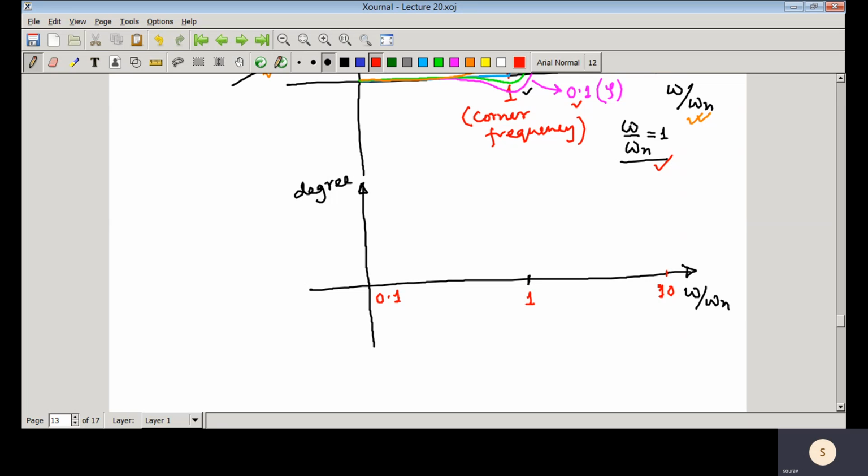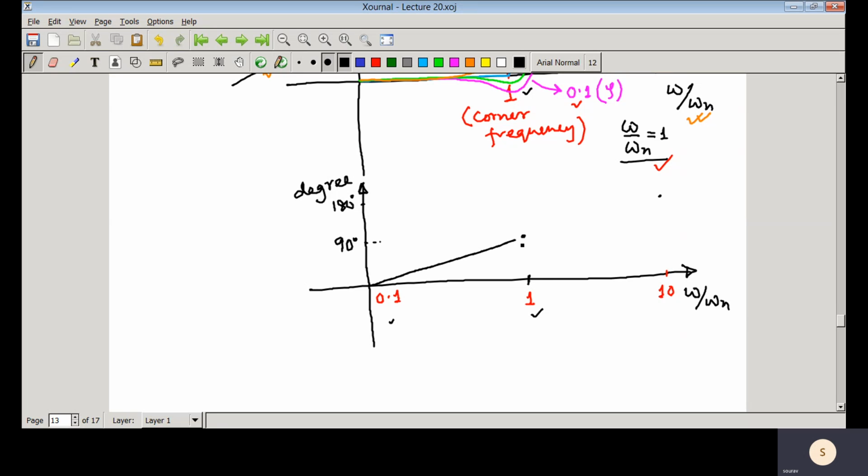Then what would be that slope? That means at corner frequency, this value is 90 degree, and when it is very high, 180 degree. So like the first order term, you take 1 decade above that corner frequency, that is 10, and 1 decade below, that is 0.1.